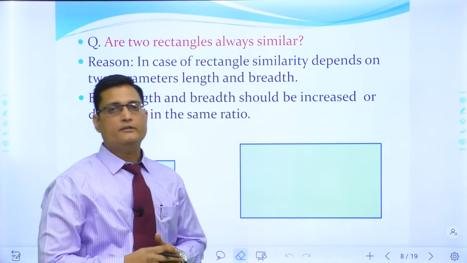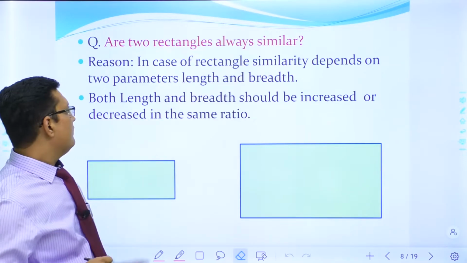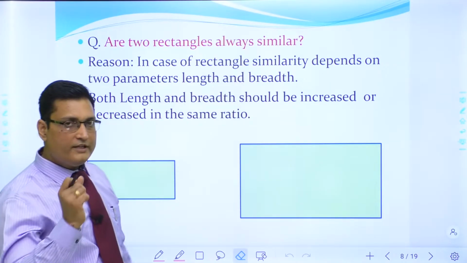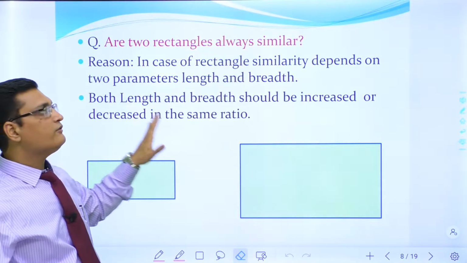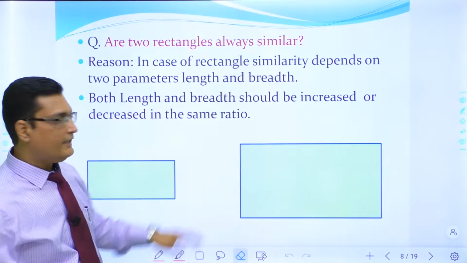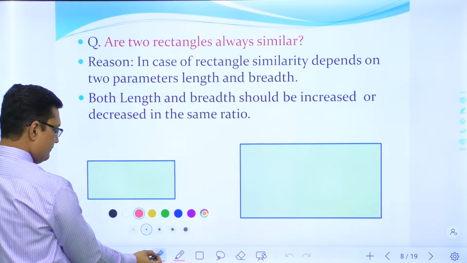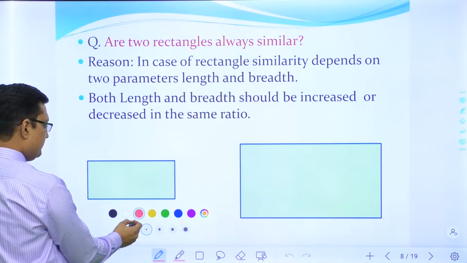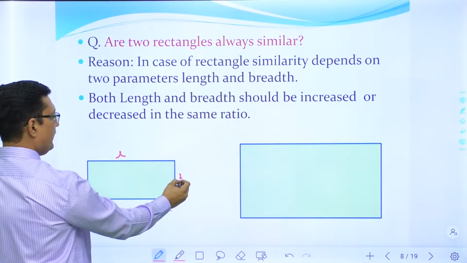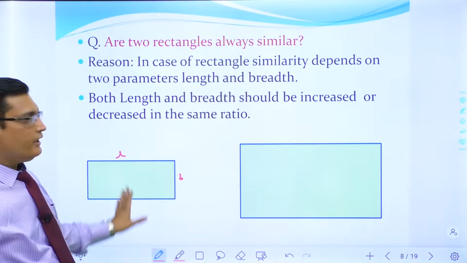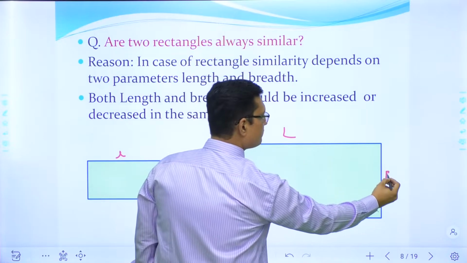Now the next question arises: are two rectangles always similar? Students, the reason is that in the case of a rectangle, similarity depends on two parameters, that is length and breadth. So here two variables are there, length and breadth, in both cases.